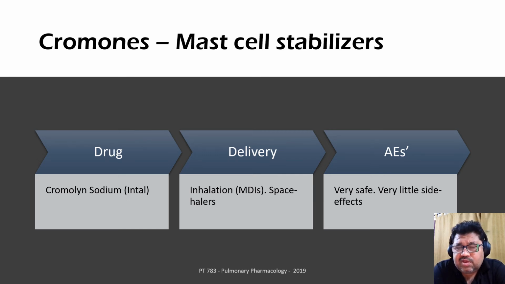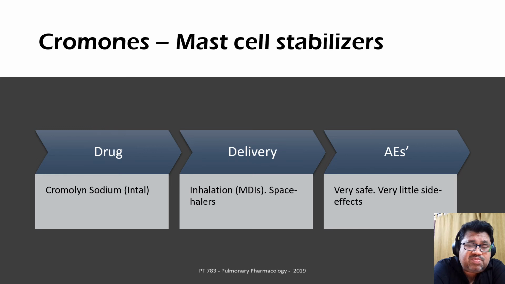Another category of long-term control drugs in reactive airway disease is cromones. The cromones are specifically mast cell stabilizers. You will recall from pathology that mast cells are basophils that come out of the blood and fixate themselves in the tissues and contain mediators of inflammation, which are released during episodes of asthma reactive airways.